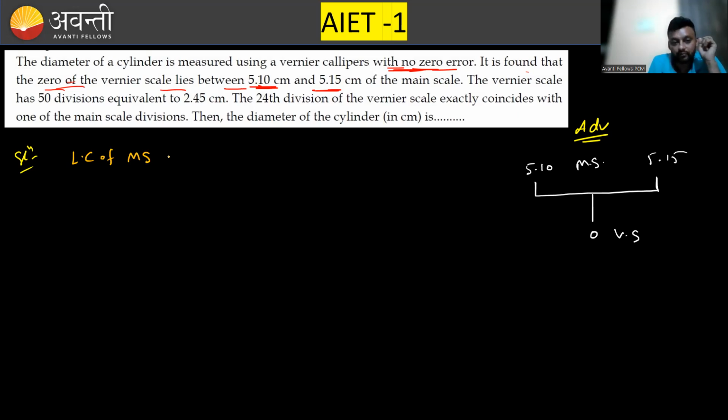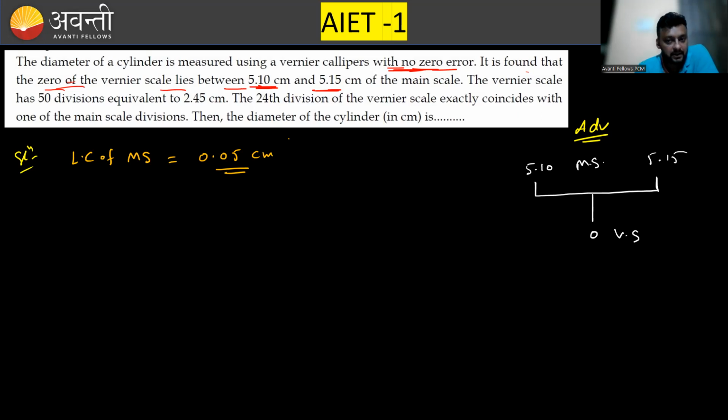I am writing least count of main scale is what? 0.05 centimeter. Are you getting my point? Because one mark is at 5.10, another mark is at 5.15. So what is the least count? It is 0.05 centimeter.